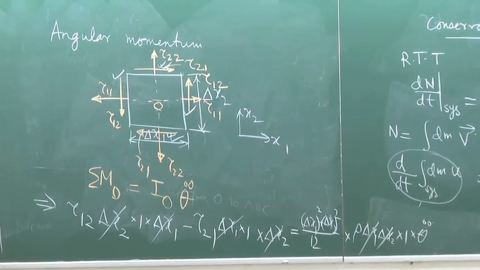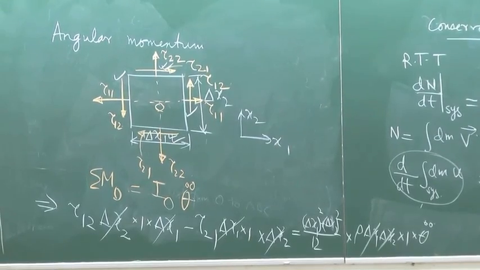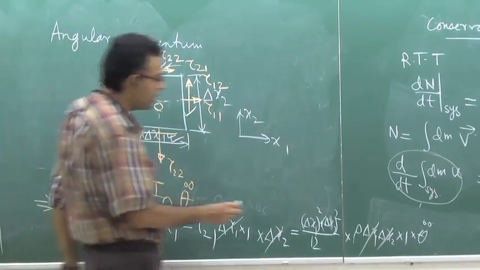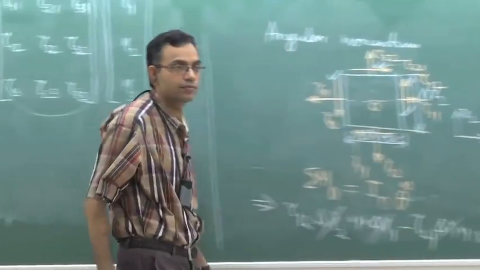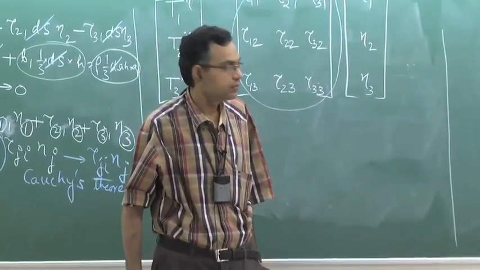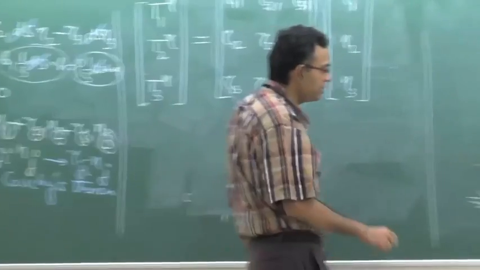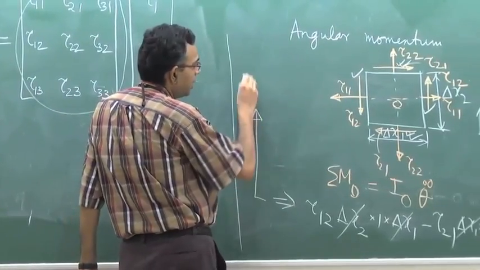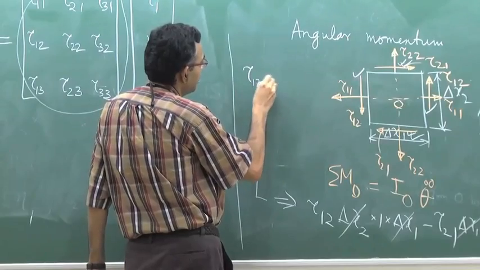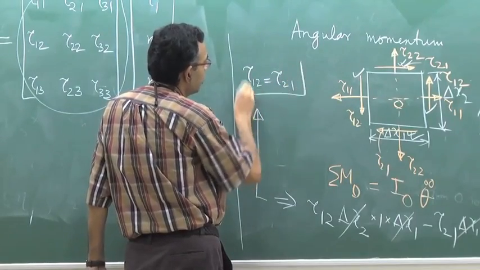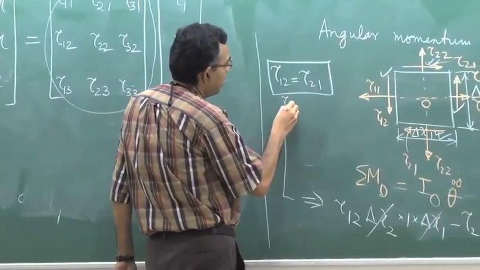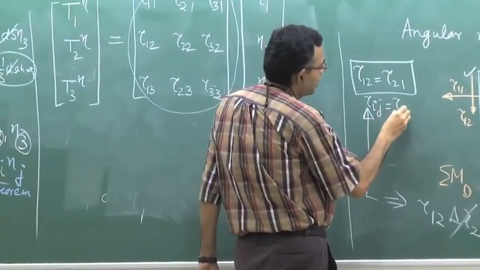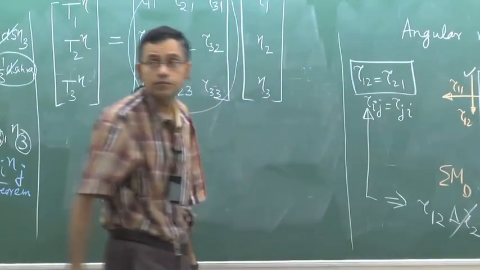The second thing is that because delta x1 and delta x2 are tending to 0, this term will tend to 0. So from here we are left with one very important thing, that is tau 12 is equal to tau 21, or tau ij is equal to tau ji in general.